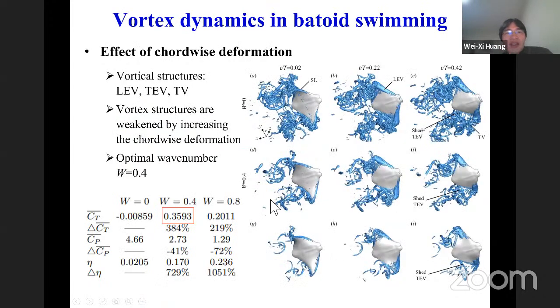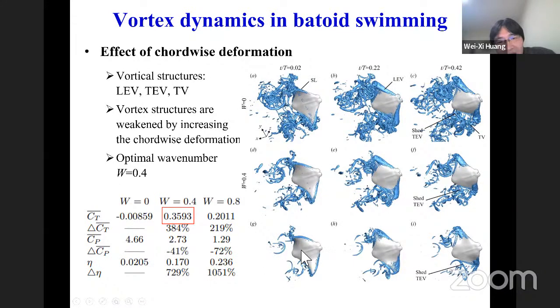And here I show some results. We can see that the vortical structures are more significant for the small wave number, and the flow becomes more quiet for the large wave number.